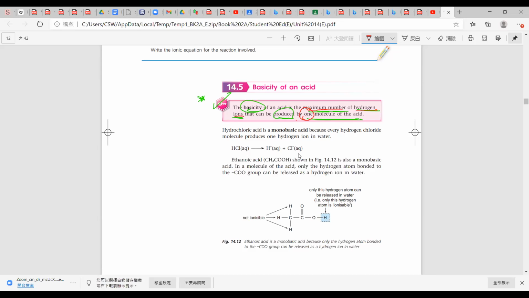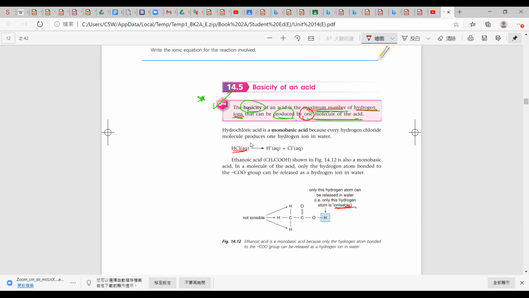So we will call those hydrogen atoms that can be ionized ionizable. For example, hydrochloric acid is very simple. We have got HCl, so for one acid molecule, we have one hydrogen atom to be considered.